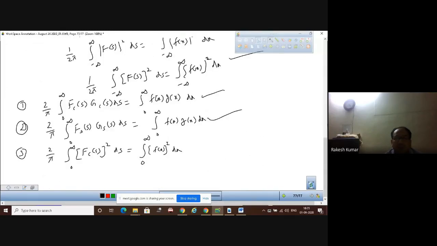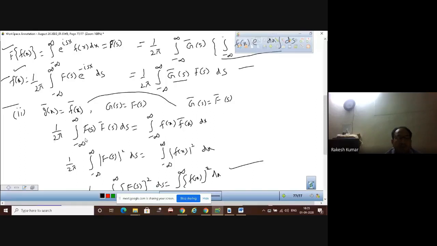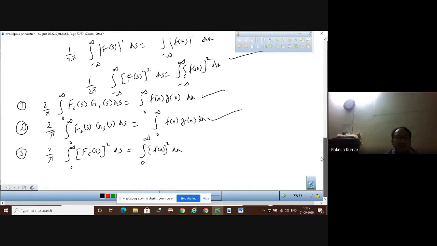And you know that the proof of part 2 comes from the proof of part 1, because in part 1 we are taking g x equal to f of x and g bar x equal to f bar x. So we are able to prove.